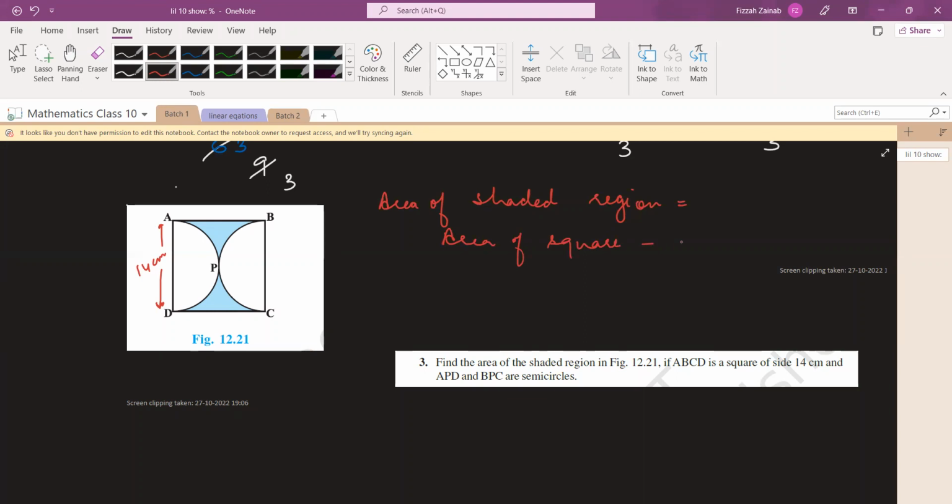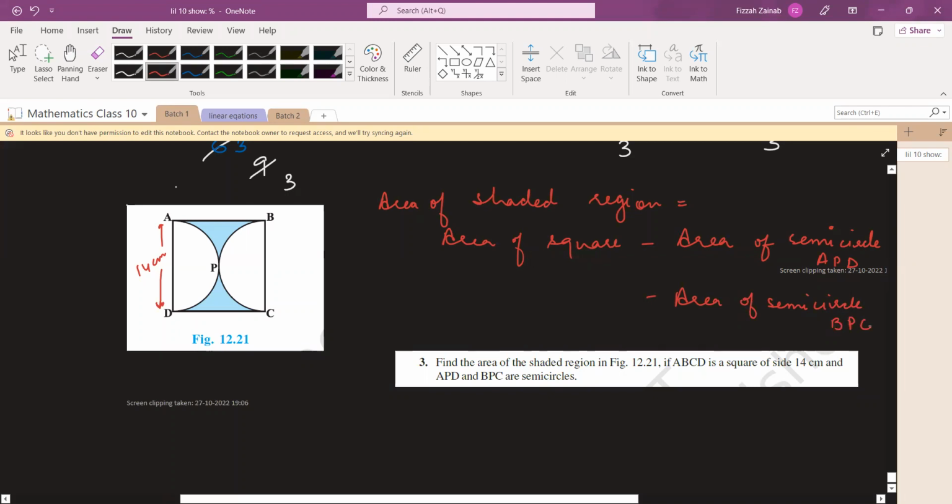And then minus area of semicircle APD, and then minus area of semicircle BPC, right? So one by one, let us find all the three areas and then we will put it.